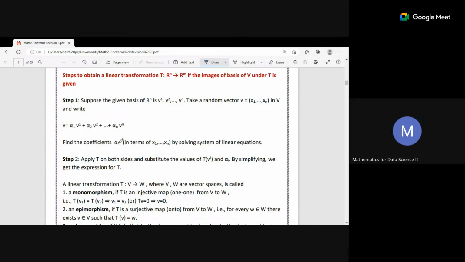Find the coefficients alpha i in terms of x1, x2, xn by solving a system of linear equations. Then apply T on both sides and substitute the values of T of vi and alpha i. By simplifying, we get the expression for T. This is the general procedure. Whatever we have done in the previous example, I have written as a general procedure for finding T given this information. Is this clear for everyone?